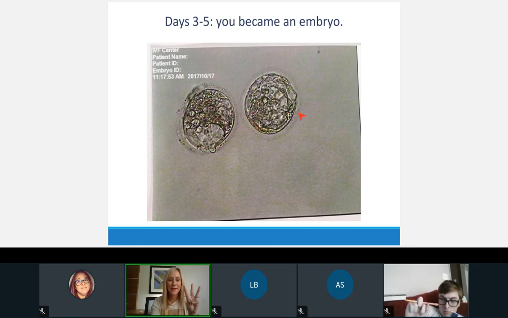I had three embryos that survived to this stage. This is between day 3 and 5. And they grew in the lab. And on day 3 to 5, I went back into the lab and they surgically put 2 of them actually back into my body. And one of those embryos I lost.